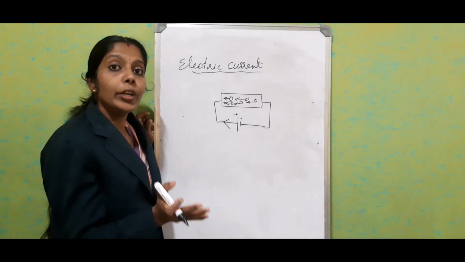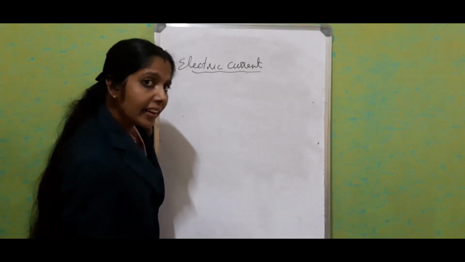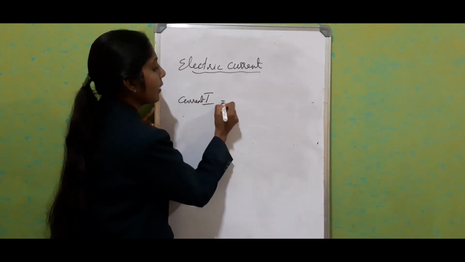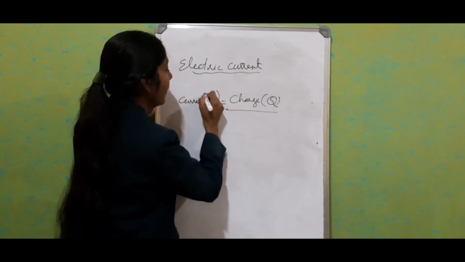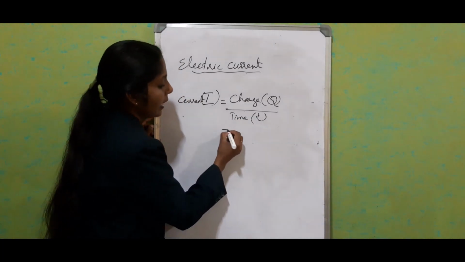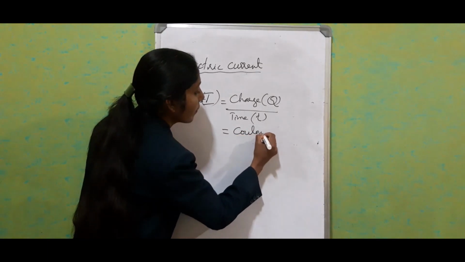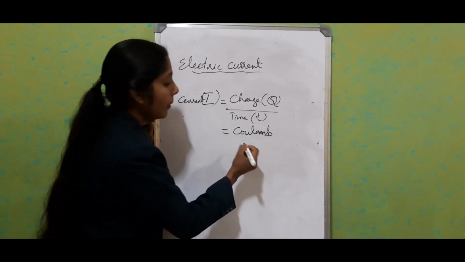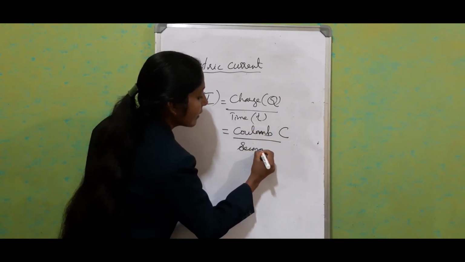Now we'll see the unit of current. We studied an equation to find the current: current is equal to charge, that is Q, divided by time T. What is the unit of charge? It's coulomb, that is capital C, divided by time, which is second.